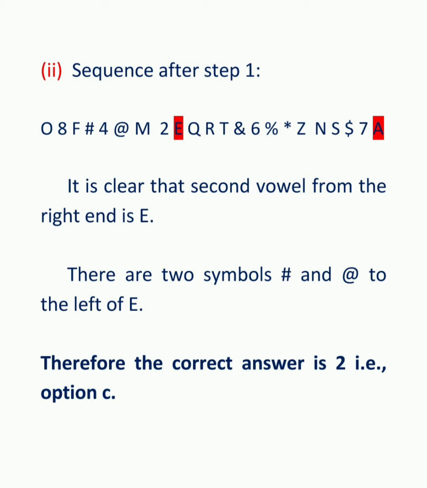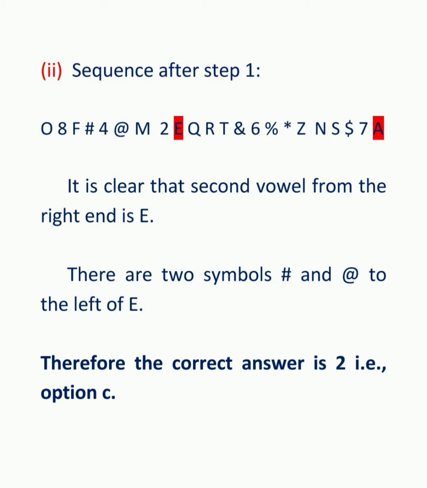Question number 2. Here we have to find the number of symbols that are to the left of the second vowel from the right end in the sequence obtained after step 1. So first we rewrite the sequence we get after step 1, and then we find the second vowel from the right end.